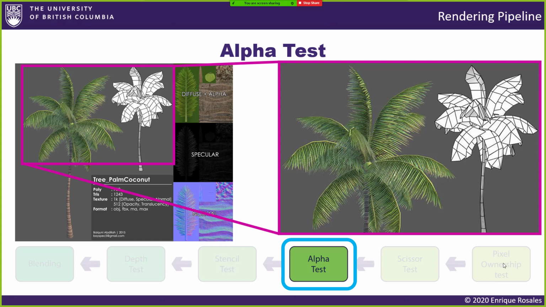So if something fails on the ownership test, for example, that information is just not computed anymore on the next stages. It is the same with alpha. If the value is exactly 0, from this point on you will have absolutely no information from that fragment, because it is already discarded.